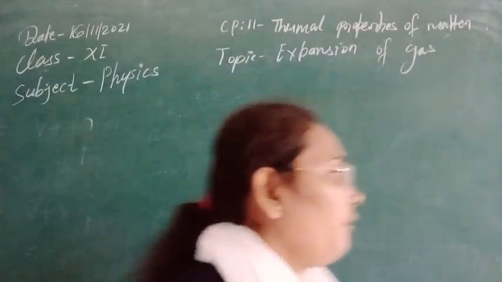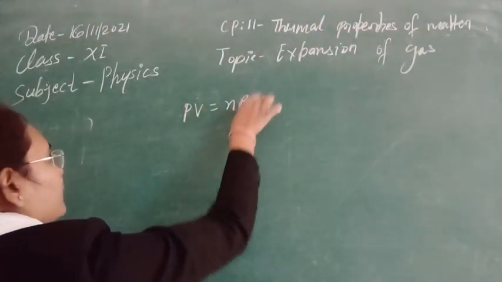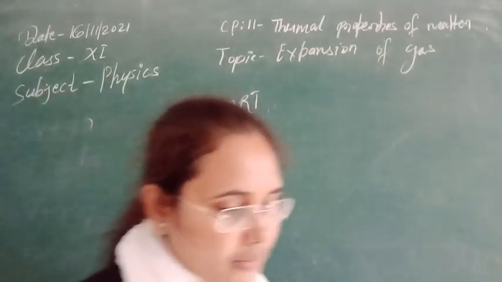According to the ideal gas equation, we have PV equals nRT.